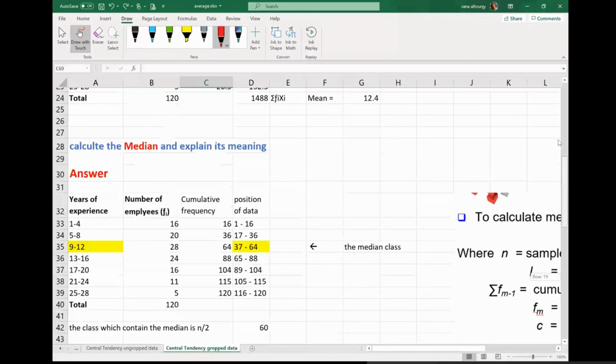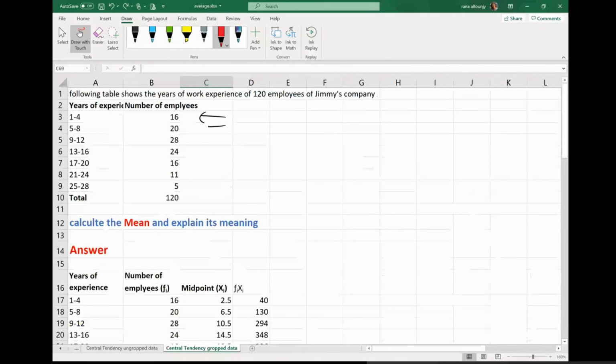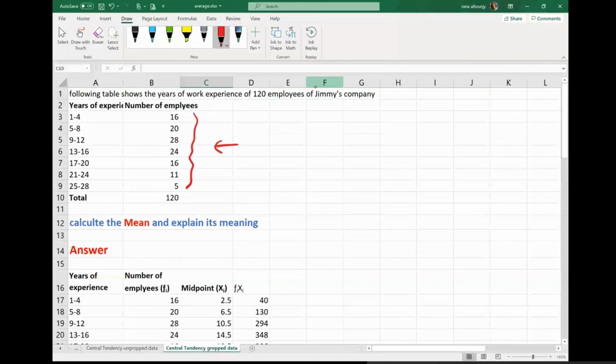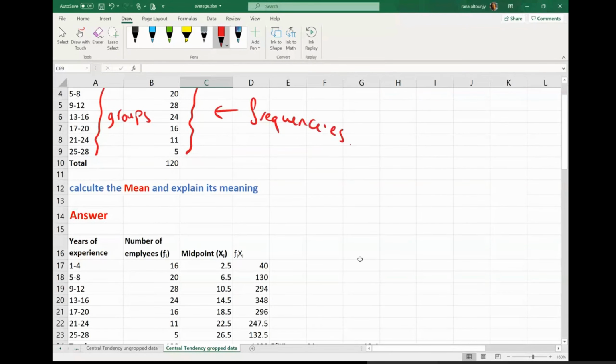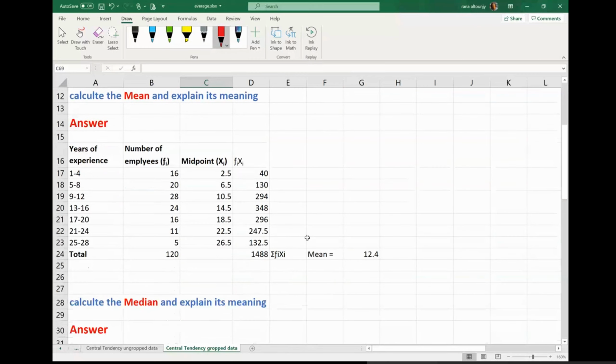Here is our data. If you notice, here are the frequencies of our groups, and here are our groups. So let's see how we can calculate it.